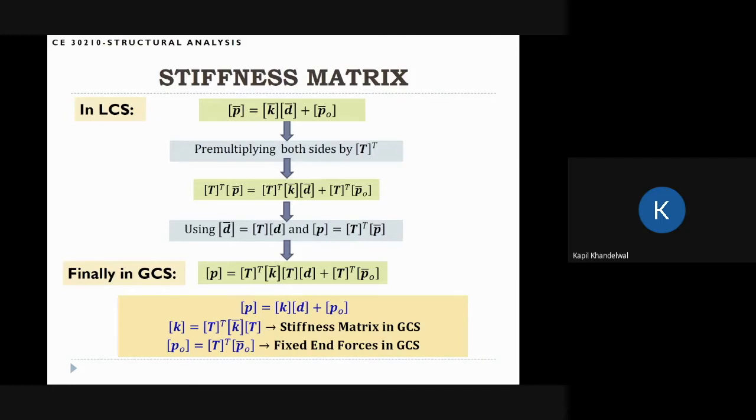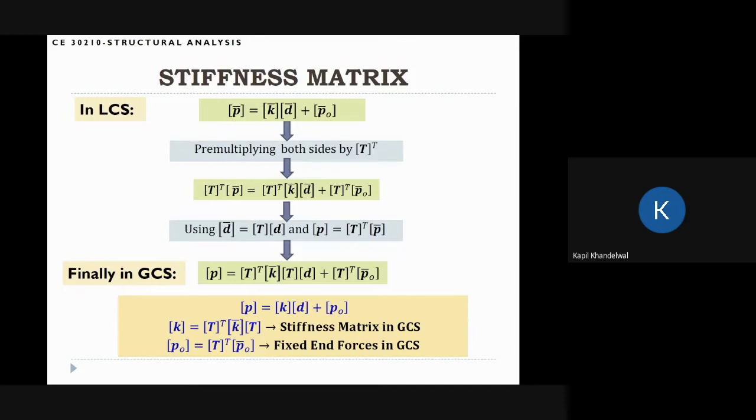After you solve the problem, you also want to calculate the forces. In our case, we want the forces in the local system. So if we want to calculate the forces for the frame elements, what we want to calculate is P bar. This is what we will output in our calculations. The reason is, these P bar forces make more physical sense, because you can make sense of these numbers.